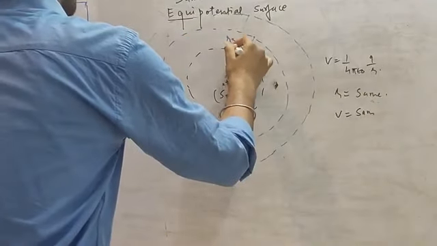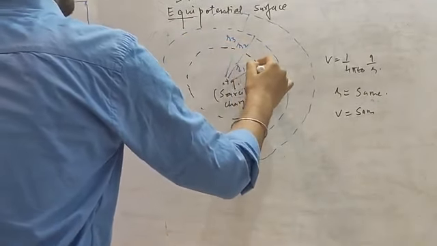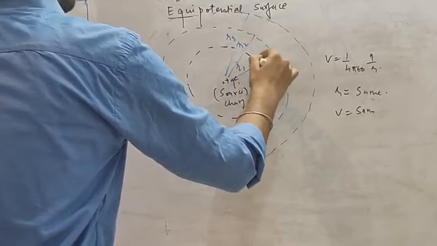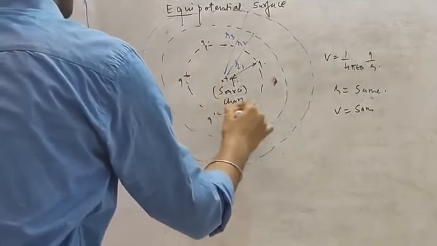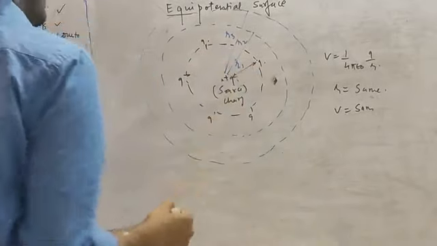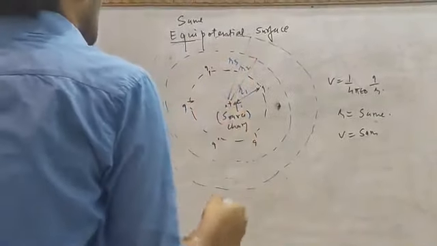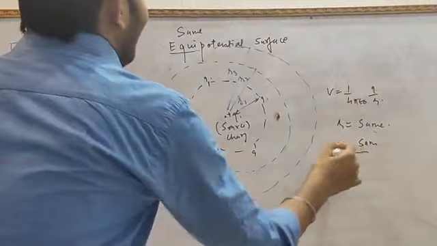So if you place the test charge at distance R1, here, here, or here, anywhere on this circular radius, then the potential will remain the same.